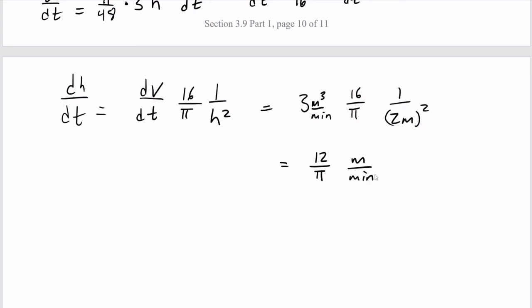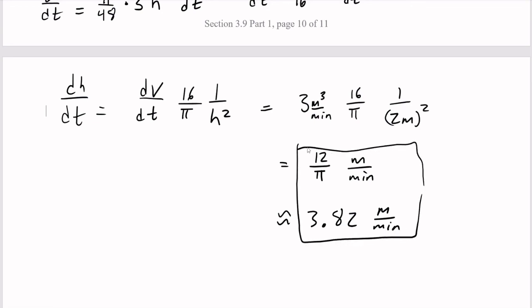Or, if we want to know what that is close to, that's about 3.82 meters per minute. There you go. So the change in height will be 3.82-ish meters per minute.